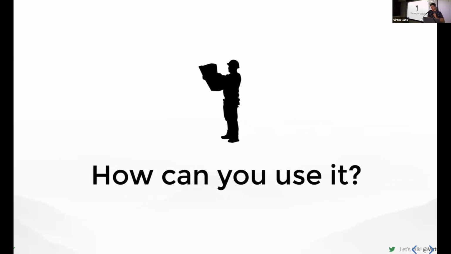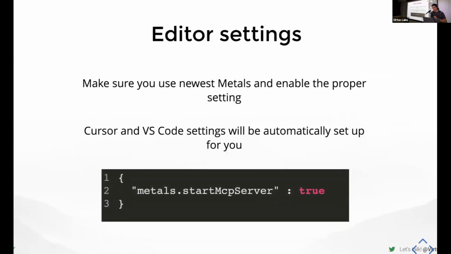But the most important thing for you probably is how you can actually use it. And for Metals, we tried to do it as simple as possible. So you should only need to change the user setting called Metals start MCP server. If you look at VS Code or Cursor settings under Metals, you should find start MCP server.